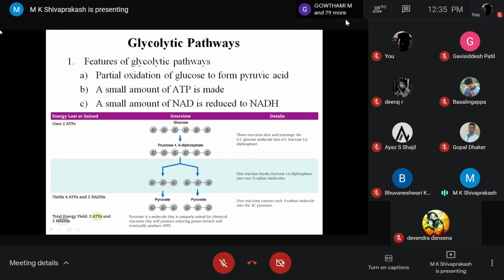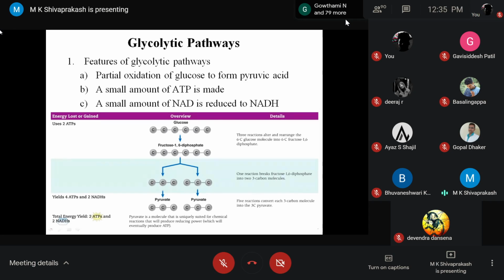So the overview of what happens here, as shown in this picture: glucose ultimately results in 2 molecules of pyruvate or pyruvic acid. In the process, 2 ATPs are produced per molecule, so there are 4 ATPs and 2 NADH produced, but 2 ATPs are utilized during the process.